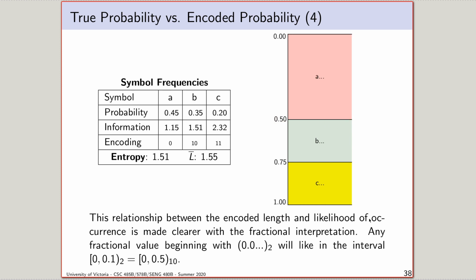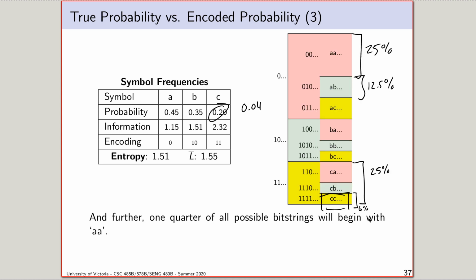Now, the reason that I bring this up is that actually we can see what I just described in numerical terms. It jumps right out at us. I don't need to draw all over the diagram to get the same effect, because what I can observe is, okay, wait, sequences beginning in 0 are A, beginning in 1, 0 are B, beginning in 1, 1 are C. So every sequence from 0, 0, 0, 0 to 0, 1, 1, 1, 1, 1, 1, 1, all of those fall into this bucket. They're the A's. Every sequence from 1, 0, 0, 0, 0, 0, 0, 0 up to 1, 0, 1, 1, 1, 1, 1, those are the B's.